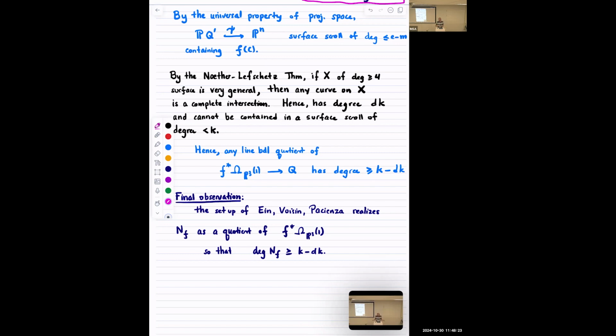In particular, you see that you can identify this normal sheaf of the map as a quotient of the pullback of the cotangent bundle twisted by 1. So now putting all of these observations together then gives you this bound that you were hoping for.